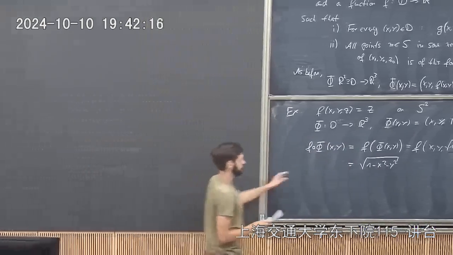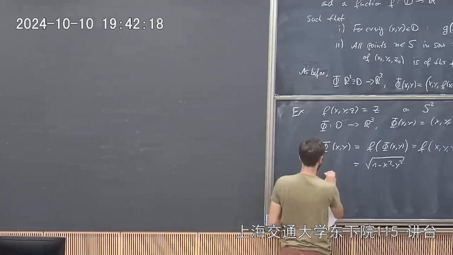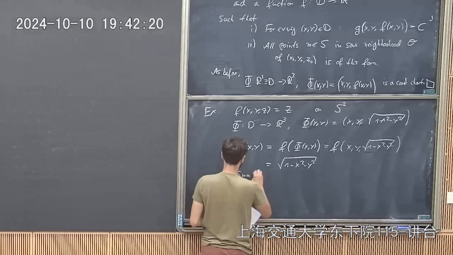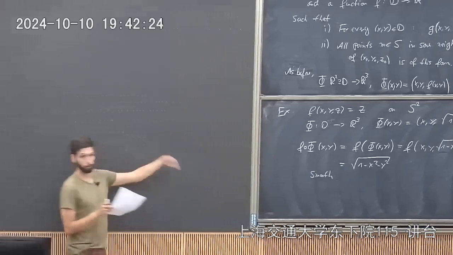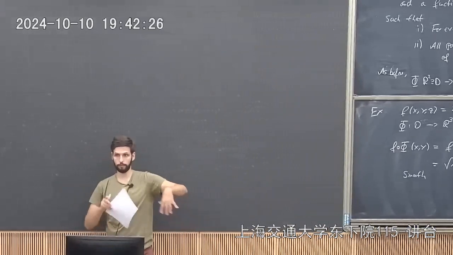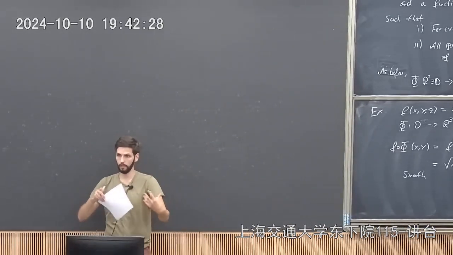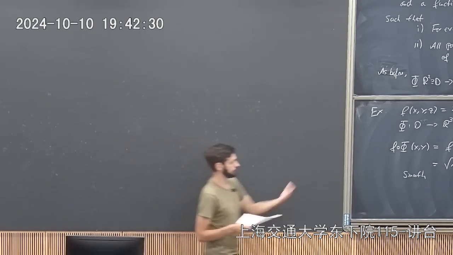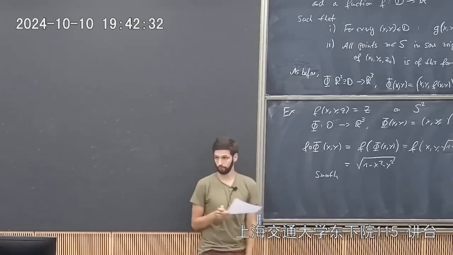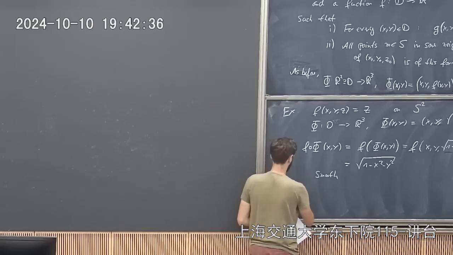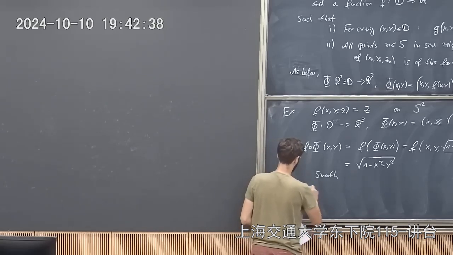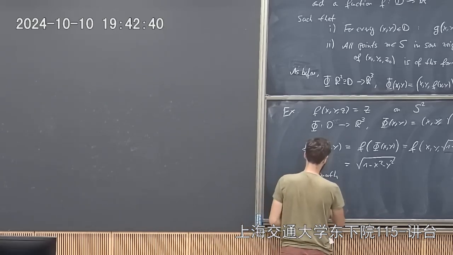You can check that by taking the derivatives. And now you have to check that for all of the other charts that I described before, where you cut out a different part, and you end up with a slightly different function, and you have to check that it's also smooth.